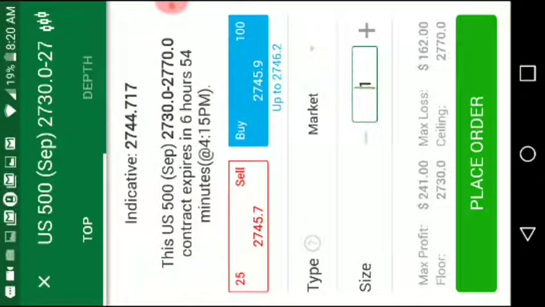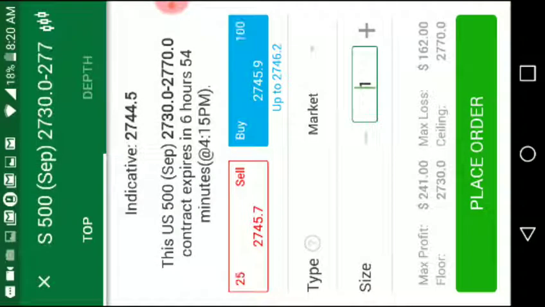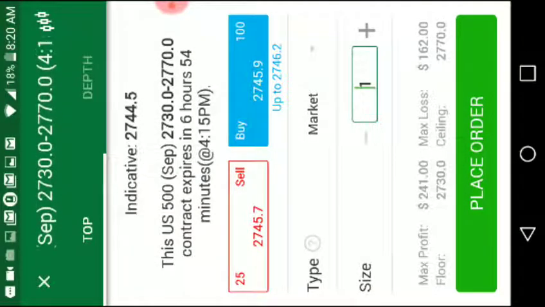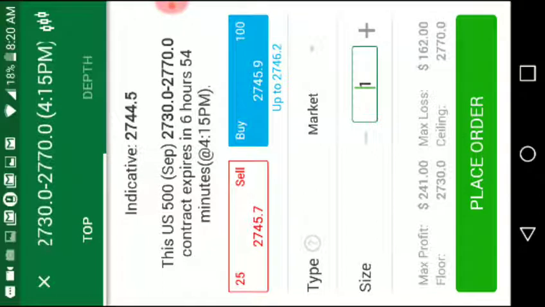But here's the kicker: you are already in profit on this to begin with. So if price stays the same or goes up, you will profit on this. Right now we're looking at a buy-in at 27.45, and the indicative is at 27.44. So we are basically taking this at the money.